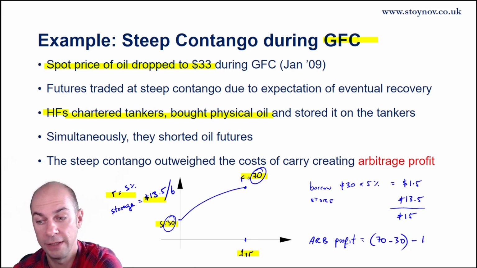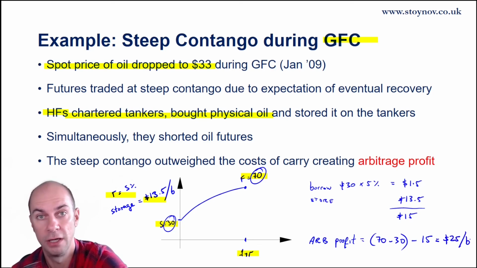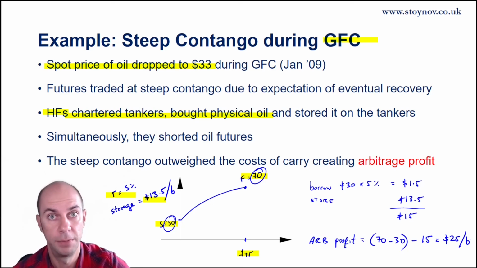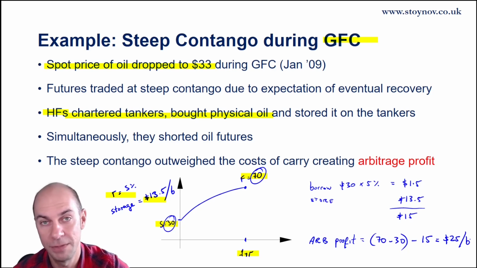Take away the $15 of storage costs and cost of borrowing, and that's going to leave us with $25 of arbitrage profit per barrel. So as you can see here, your crafty hedge funds found a way how to make money by essentially renting oil tankers, something that I wouldn't have expected to be the bread and butter business of a hedge fund.